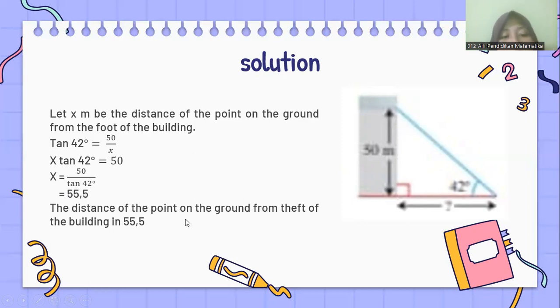The distance of the point on the ground from the foot of the building is 55.5 meters.